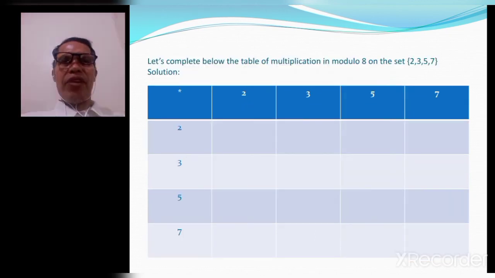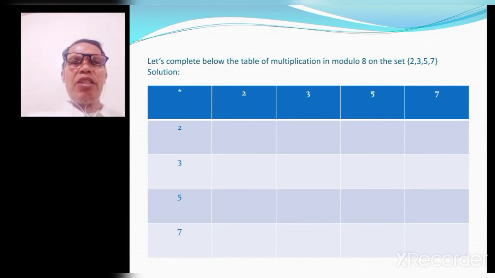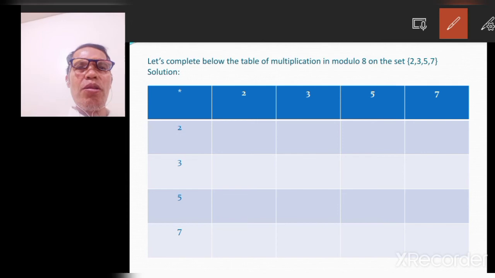Okay, further example. Let's complete the table of multiplication in modulo 8 on the set of numbers 2, 3, 5, and 7. On the upper left hand corner we have the asterisk, meaning the operation is multiplication.